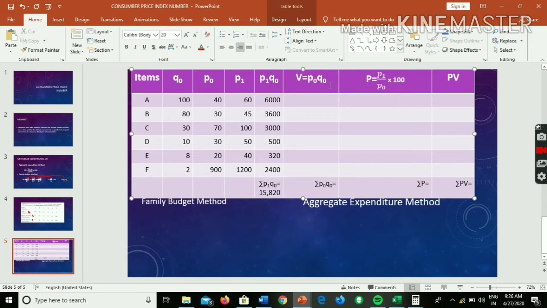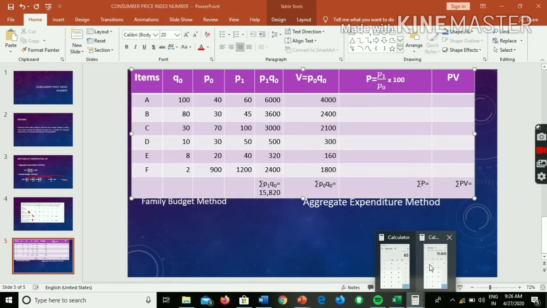Next, to find sigma P0 Q0, which is nothing but V. V and P0 Q0 are the same. Now find the product of P0 and Q0. 100 into 40 gives 4000. 80 into 30 is 2400. 30 into 70 is 2100. 10 into 30 is 300. 8 into 20 is 160. Next 2 into 900 is 1800.